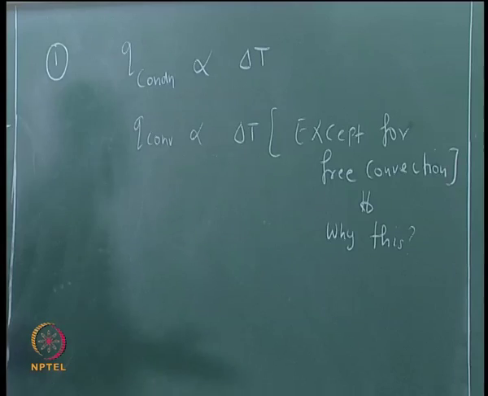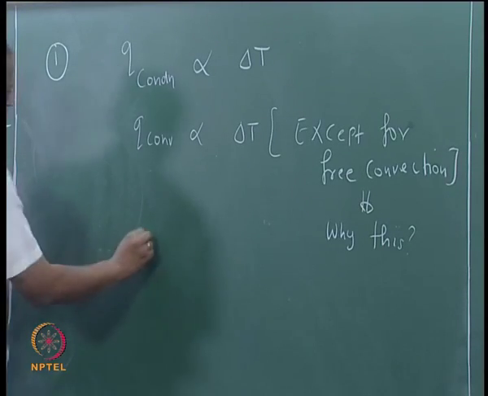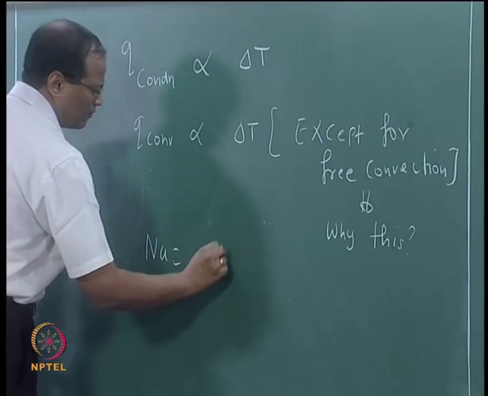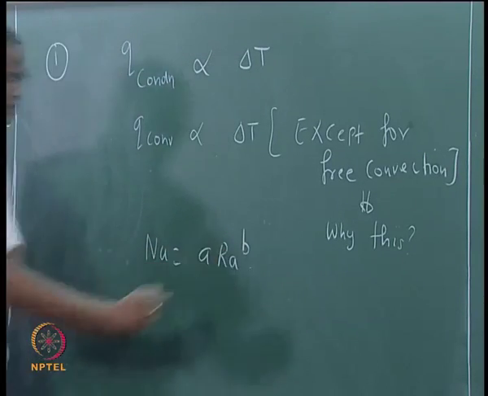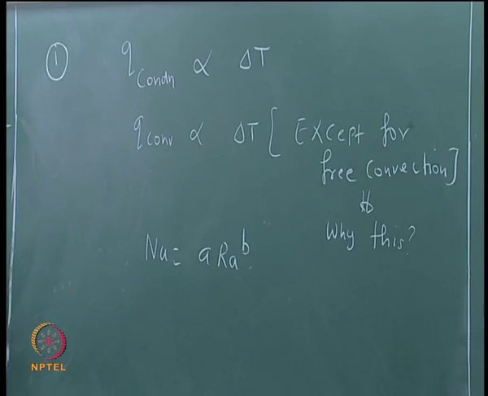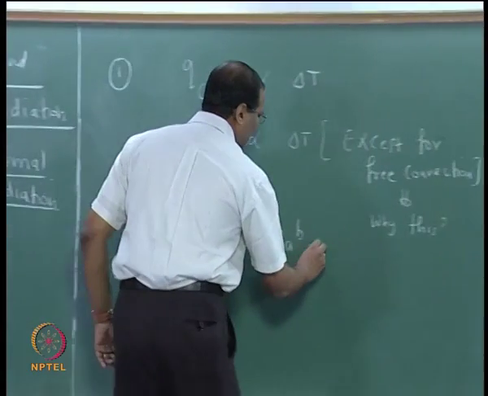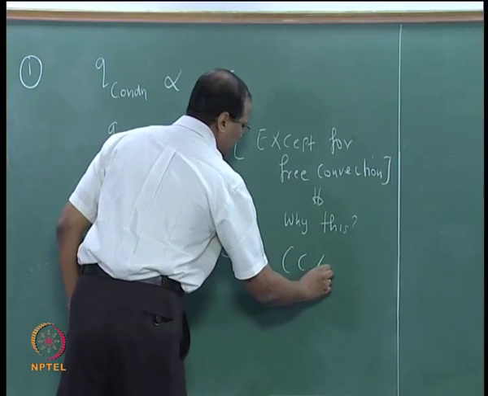Why this? Because Nusselt number is A Rayleigh number to the power of B for free convection. So this is A into some constant.